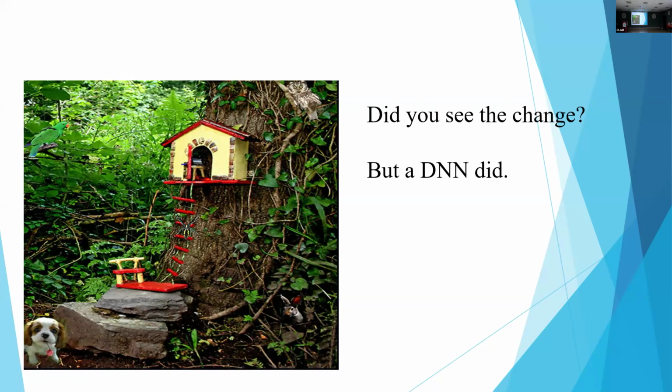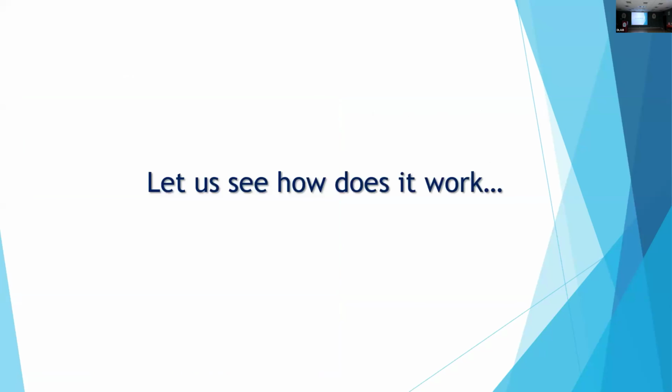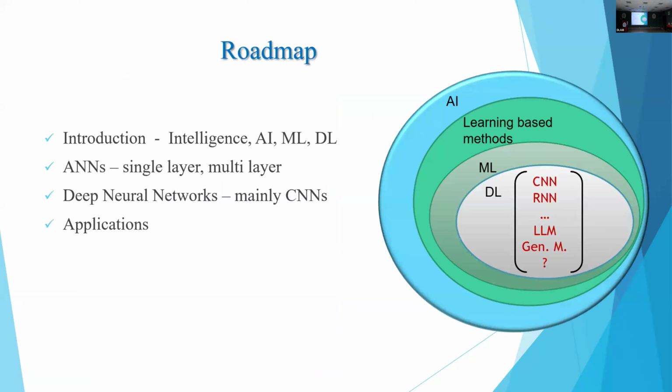By looking at the whole image, it may not be possible for me to tell you how many changes there are. But whenever we concentrate on one particular region of an image, possibly we obtain better and better information. And this is what deep learning does. It tries to automatically find out the intricate details present within the image. So this is in short, and let us see how it works.